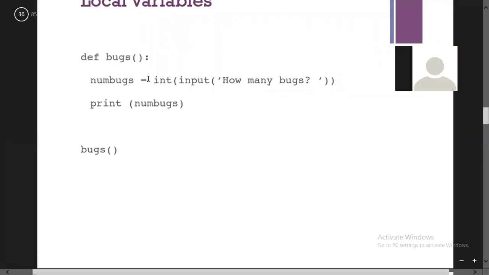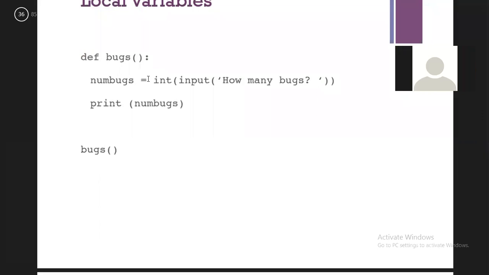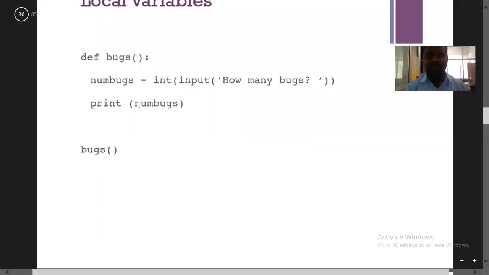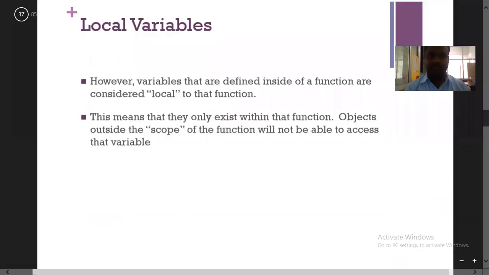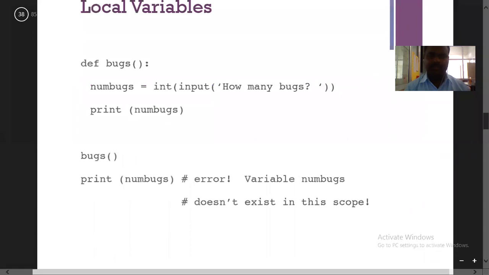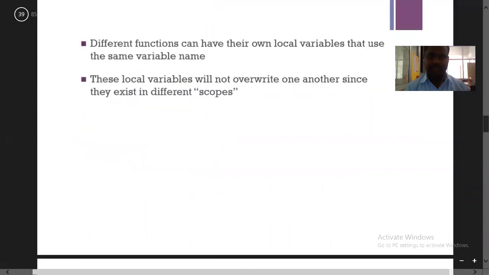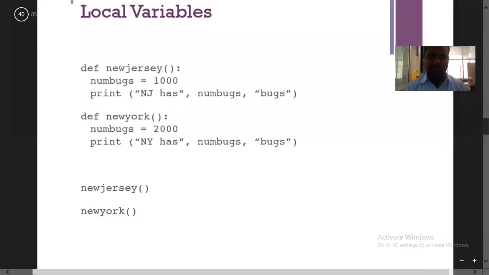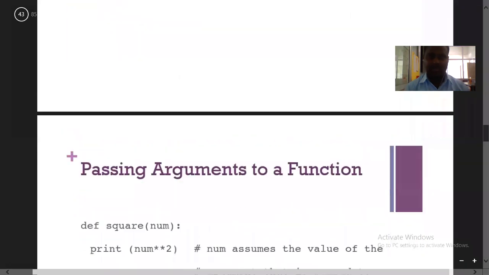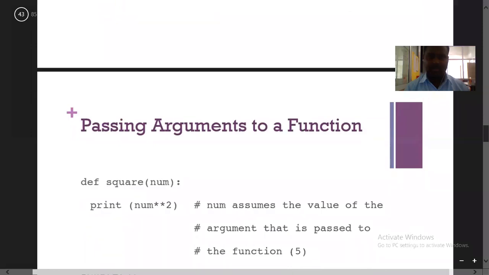It takes the user given value, and we are printing it here. numbugs is a local variable to the bugs function, and the last statement is where we are calling the function. And again he is explaining the same thing, local variables. I hope you can understand these things.